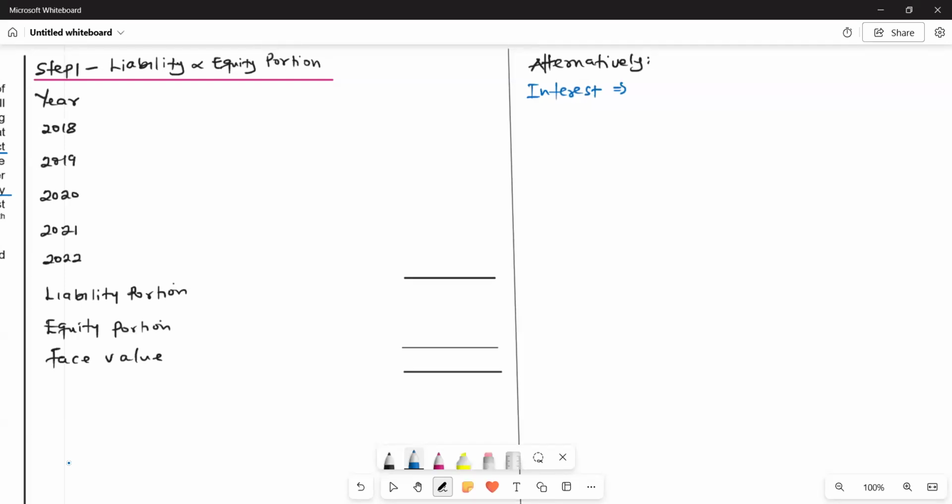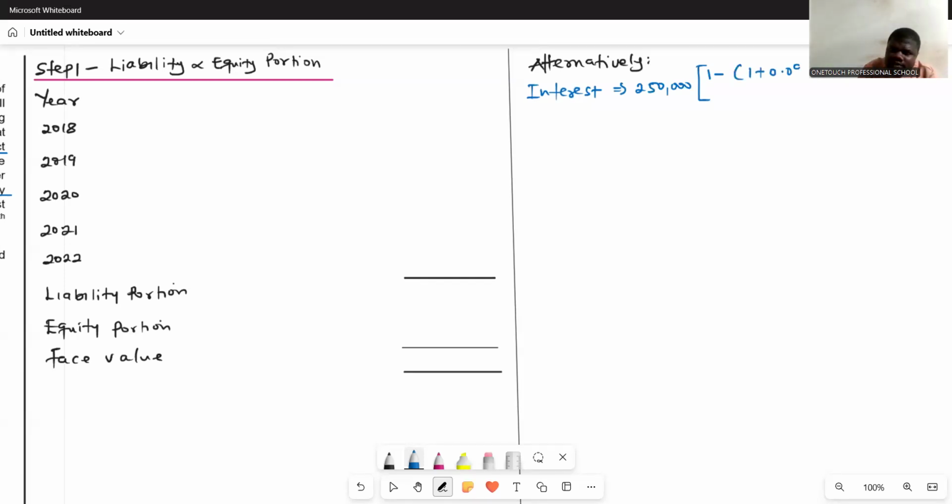So the interest will be 250,000. Then you open the annuity formula: 250,000 times 1 minus 1 plus 0.09 raised to the power -5, all over 0.09.